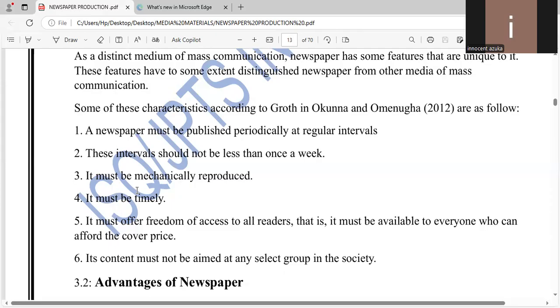That is, it must be available to everyone who can afford the price. So its content must not be aimed at any select group in society.